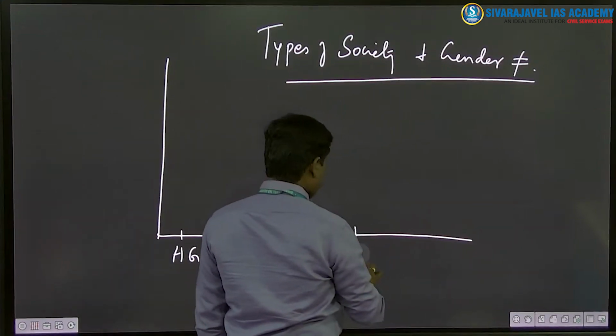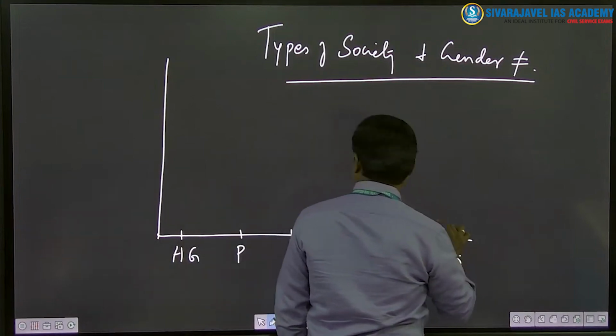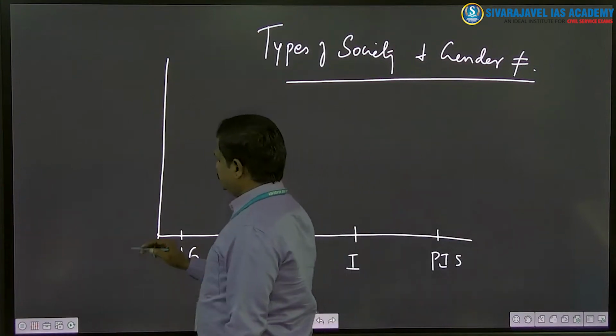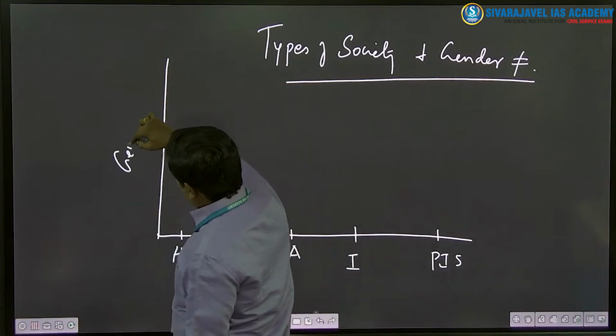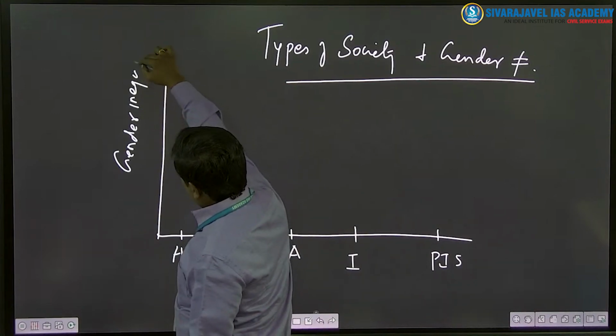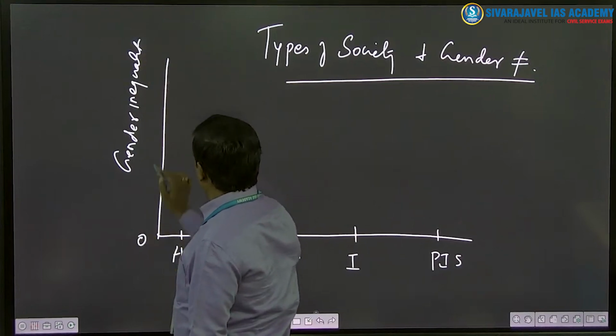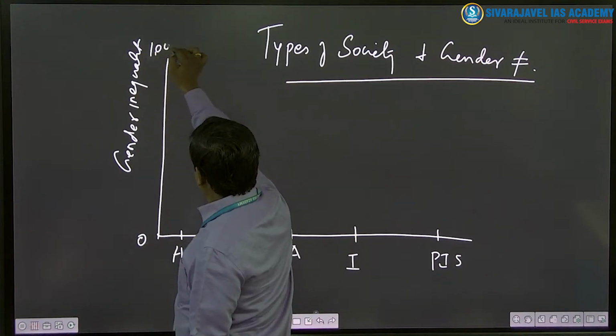This is industrial society. This is post-industrial society. And this is gender inequality. Say this is a 0 to 100 scale.